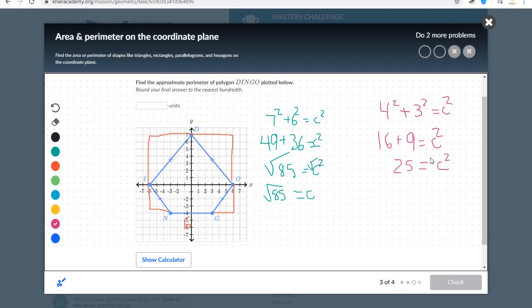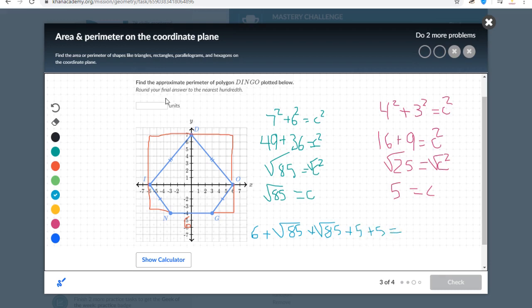Now if we take the square root of both sides, we actually get a nice pretty number here. The square root of 25 is 5. So let's write down what we know. We got our 6 at the bottom plus square root of 85 plus square root of 85, because there's another one on the other side. The same thing with the 5. We got 2 of them.